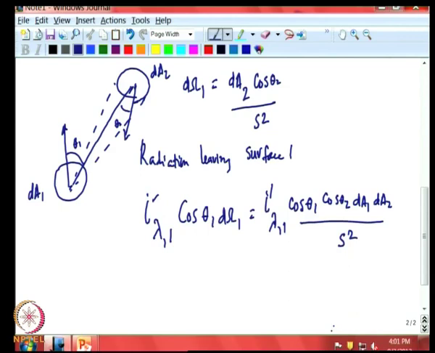So, this is the radiation that is leaving 1 and reaching 2.